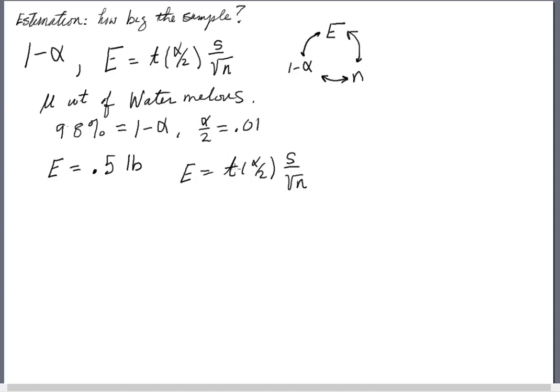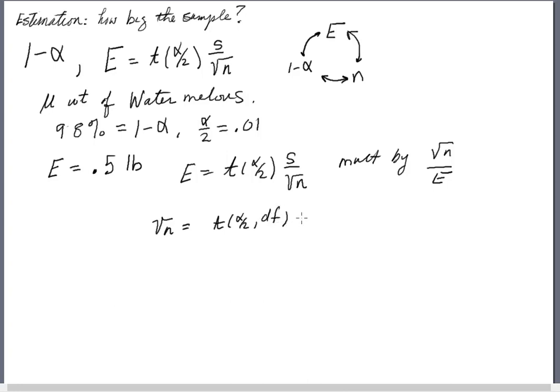So we can solve this equation for n if I multiply both sides by square root of n over E. Then this equation becomes square root of n is equal to t alpha by 2, and of course there's the degrees of freedom there.